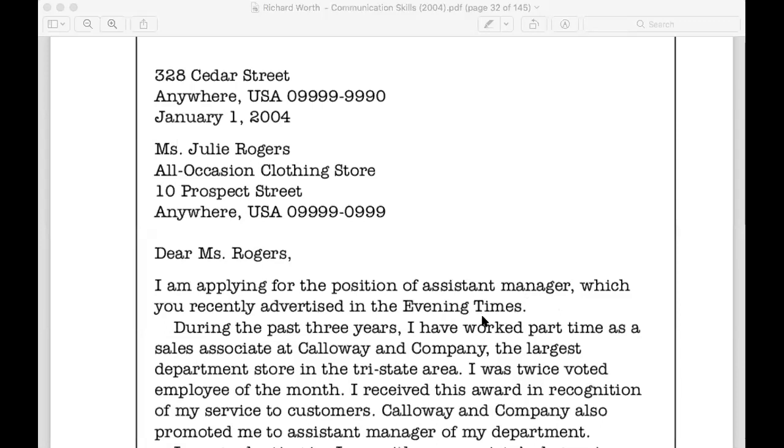Advertised in Dawn on 20th July, or advertised in the news on 20th July. Okay. Write a cover letter for the position of data analyst.